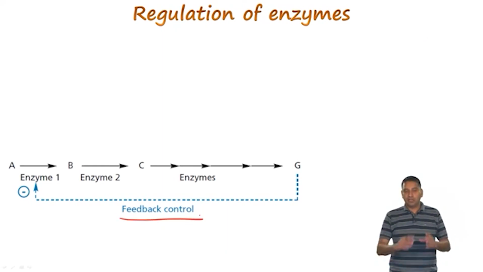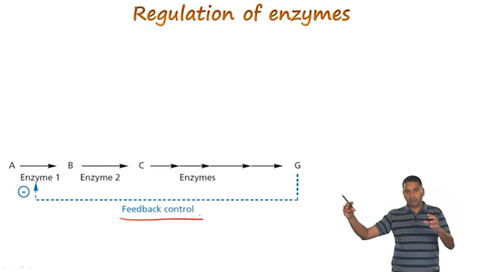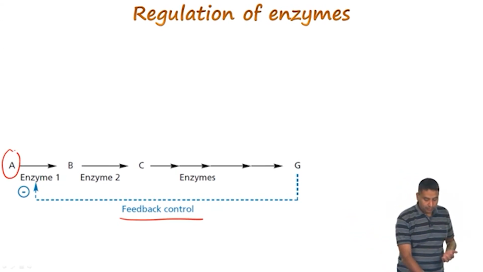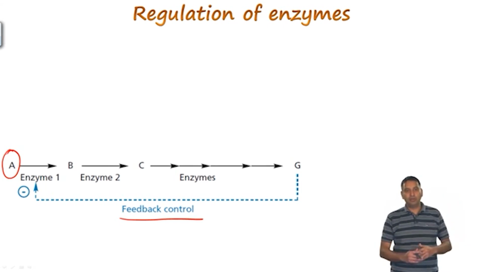Imagine that there is a biosynthetic scheme that is happening, a biosynthesis of a molecule which involves n number of steps. As long as a substrate A is available and enzyme 1 is available, enzyme 1 is going to turn over A to produce B, which is then the substrate for enzyme 2, and that forms C, and so on and so forth.